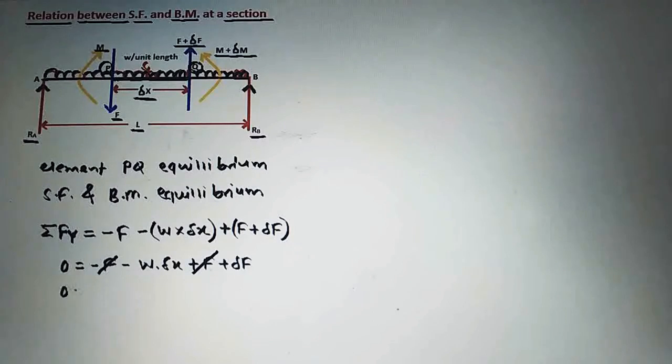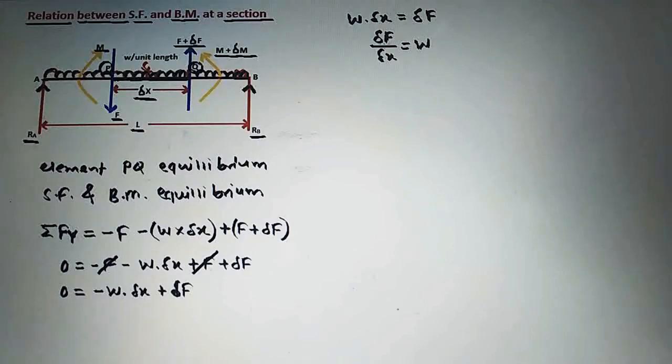So we can write 0 is equal to minus w into delta x plus delta F. Now we are shifting minus w into delta x to the left side, so it will be plus w into delta x is equal to delta F. Then we can write delta F divided by delta x is equal to w.